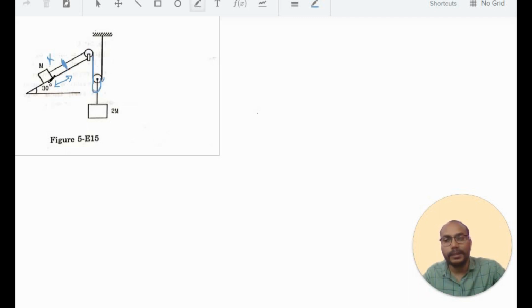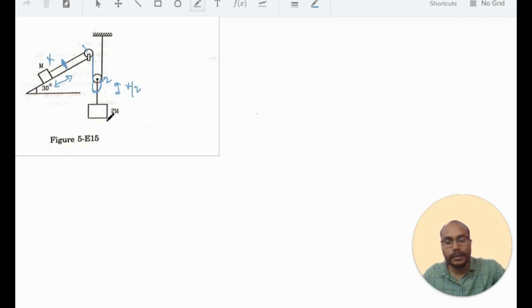That means if mass m goes x distance upward, then the second pulley goes x by 2 distance downward because the string is folded 2 times.